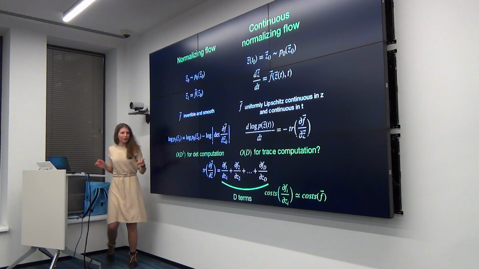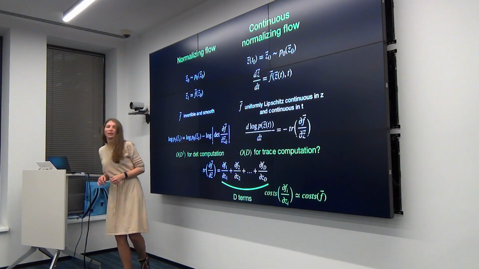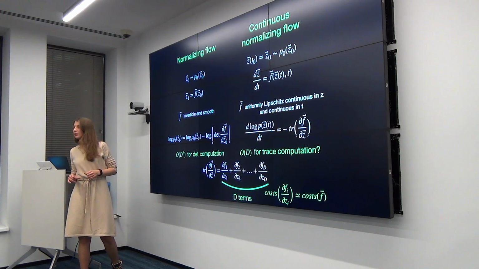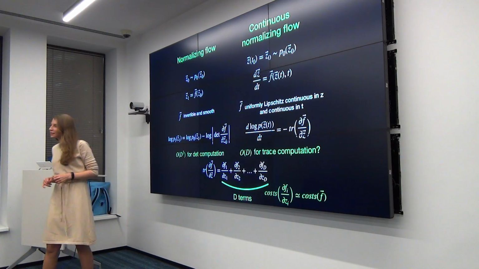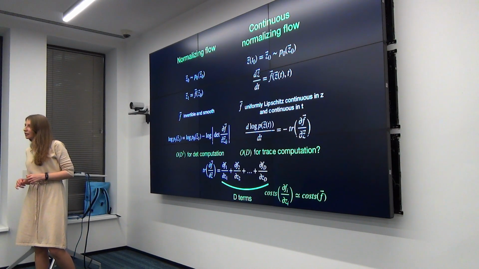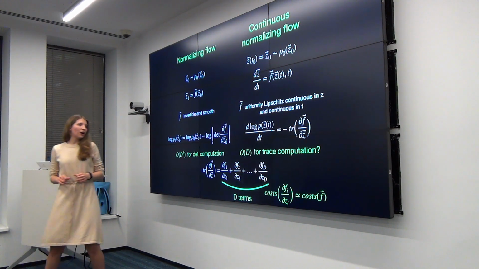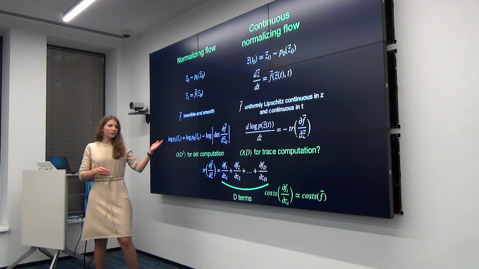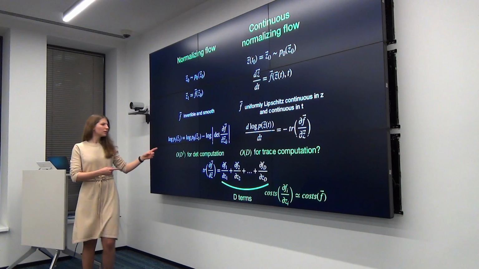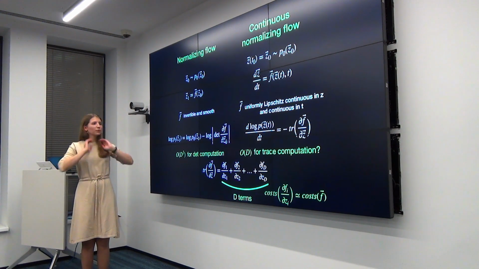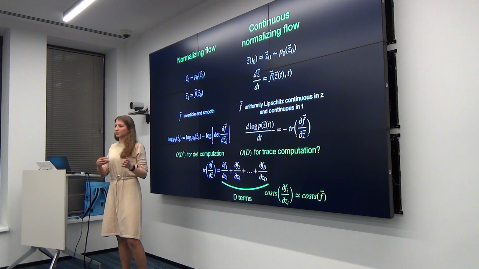Okay. Now we want to understand. For normalizing flow, we have an analytical density, and do we have one for continuous normalizing flow? Solving this differential equation, we will be able to compute our density at any point z of t.